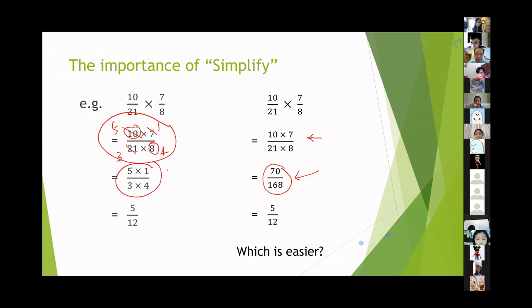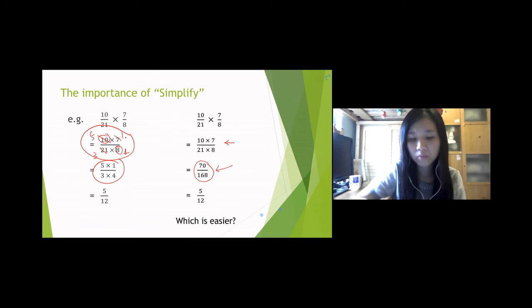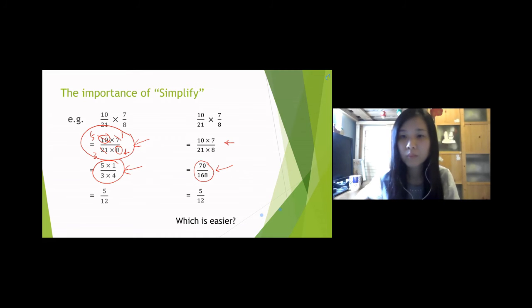So why are we going to simplify first? Because we can simplify means we can make both numerator and denominator smaller at the very early stage. So if you simplify first, then those numbers at the bottom are very, very simple. Otherwise, 70 over 168 is not an easy one to do.